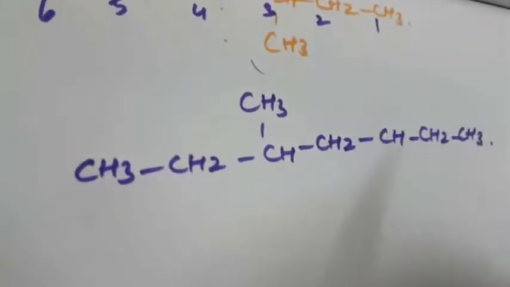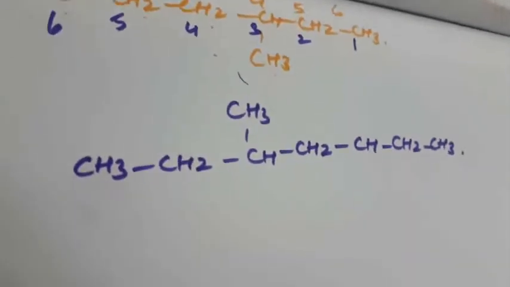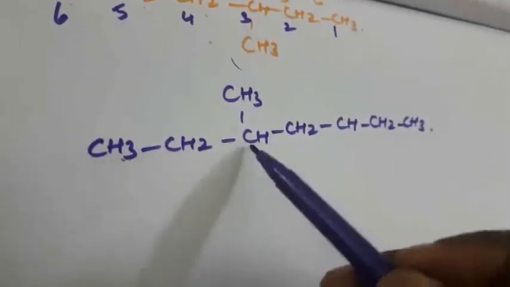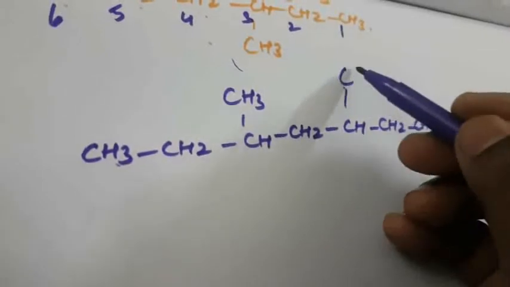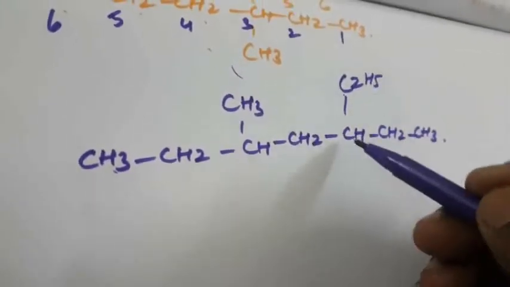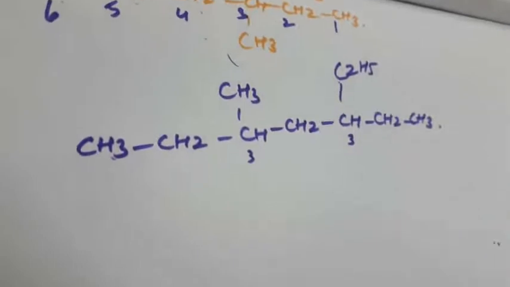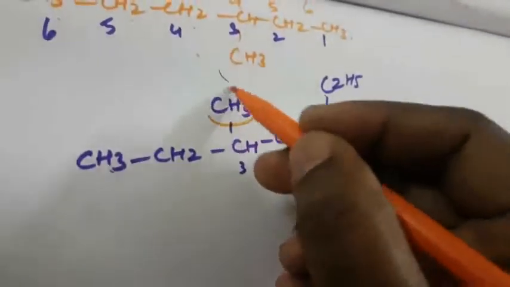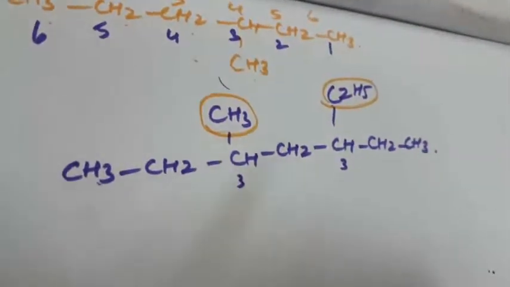Okay, so this is one compound. How to number that one? On this side it is the third position, and that side is also the third position. Here also the third position, and that side also the third position. So how do you give the priority?